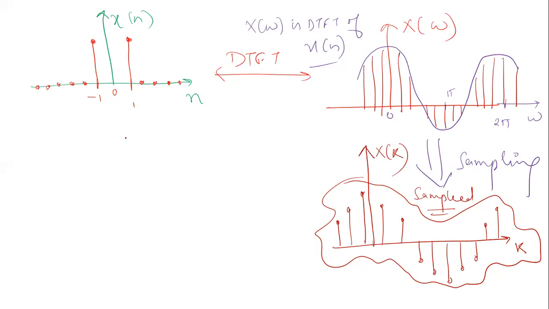Because it is sampled, this is how we can get the discrete time signal. Now you can apply IDFT here. By applying IDFT, you can easily get the original sequence.